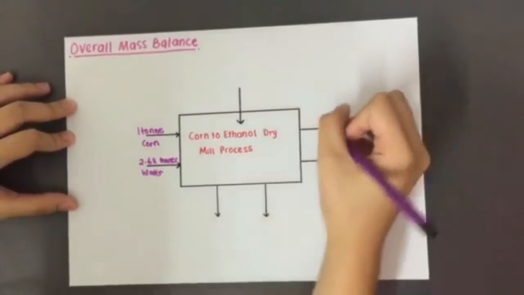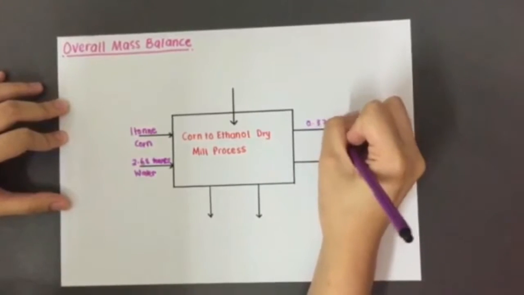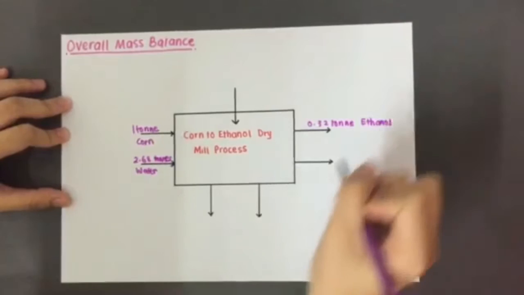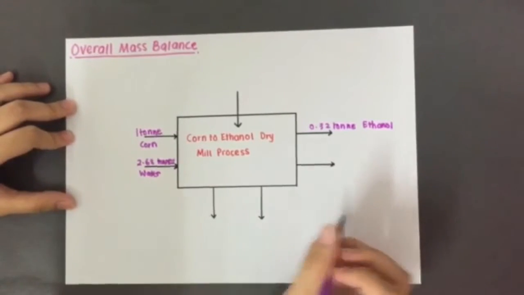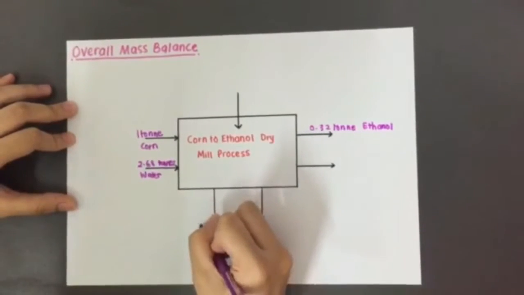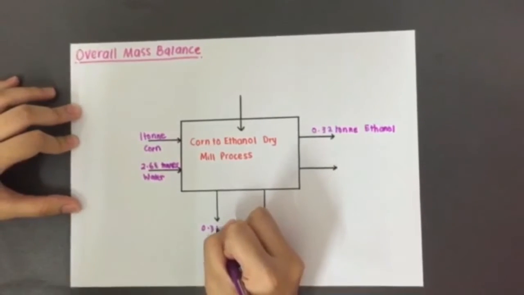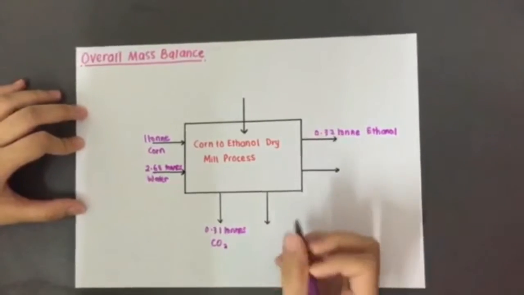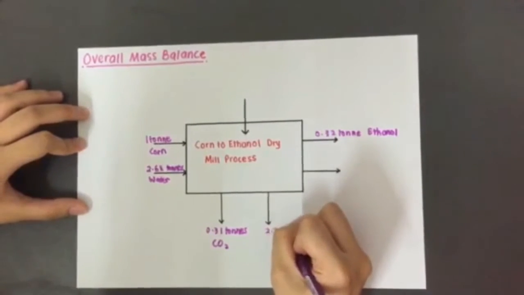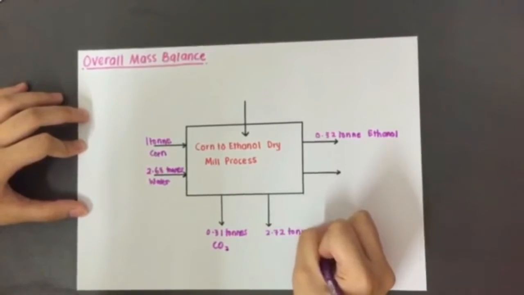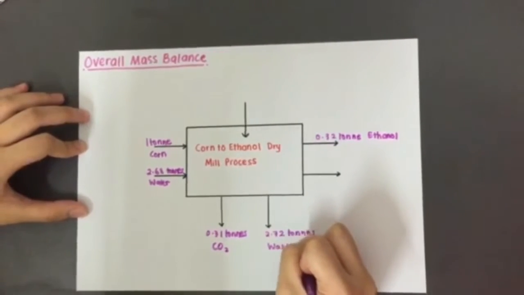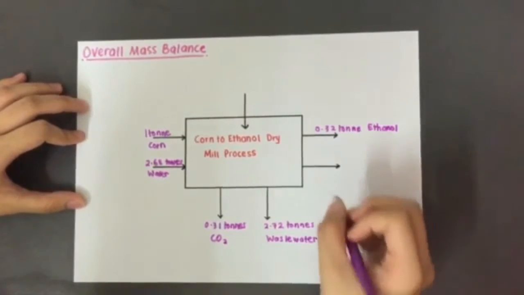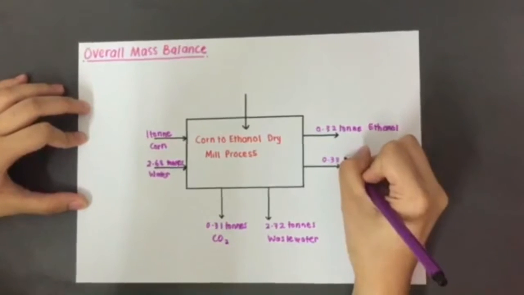The system yields 0.32 tons of ethanol together with by-products and co-products of 0.31 tons of carbon dioxide, 2.72 tons of wastewater, and 0.33 tons of solids.